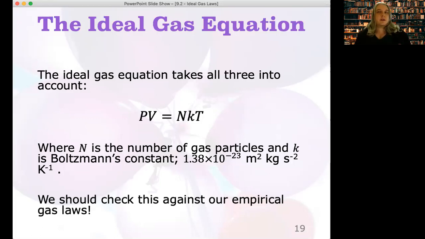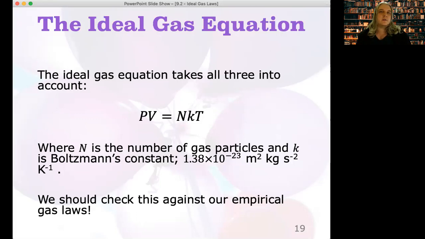If you kept everything else the same and just took half the gas particles away, you'd have half the collisions suddenly. If you've got half the collisions, you've got half the pressure. So you get this direct relationship between the number of particles and the pressure. We often ignore that one in terms of changes because we don't often change the number of gas particles in a sample.